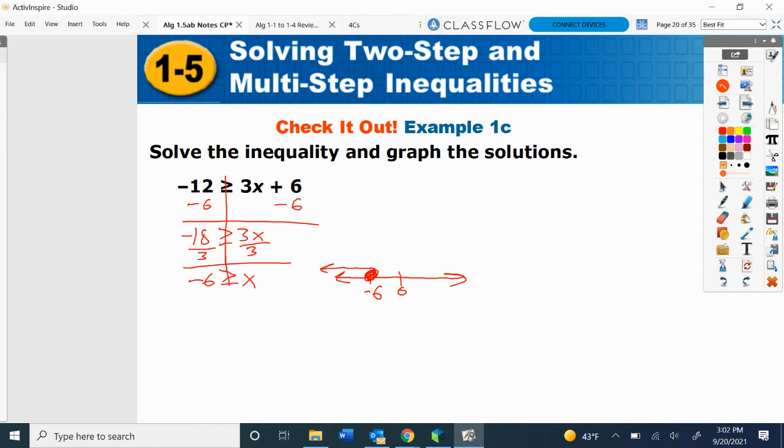We could turn this around if we want, so x is with the pointed side. When we turn it around, we want to make sure that our pointed side is with x, and we have -6. That helps out a little bit. x is less than -6, so a filled-in circle on -6 and an arrow going to the left.